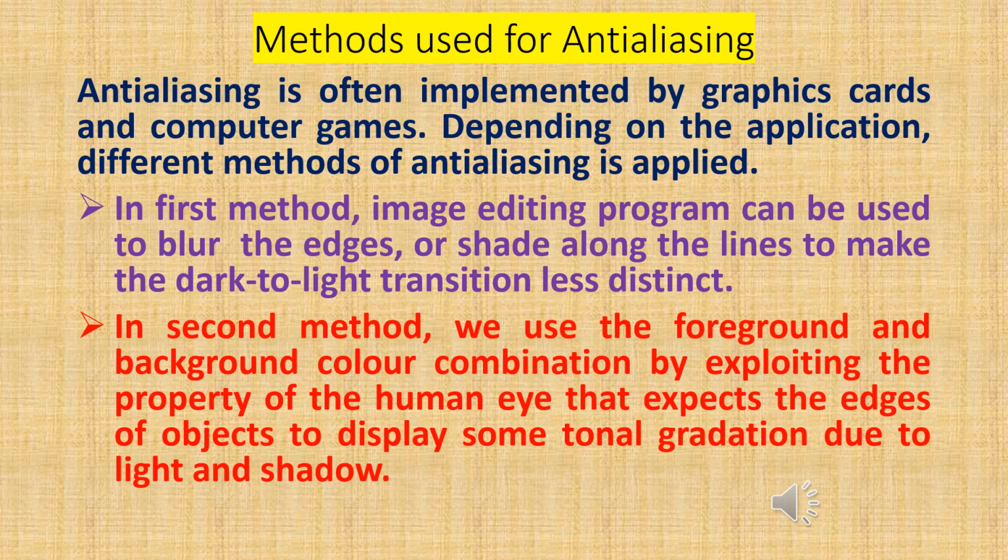Whereas in the second method, we use the foreground and background color combination by exploiting the property of the human eye that expects the edges of objects to display some tonal gradation due to light and shadow.